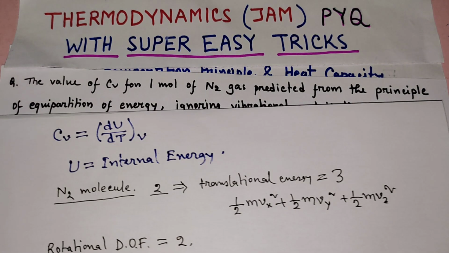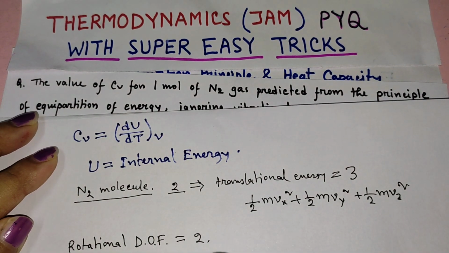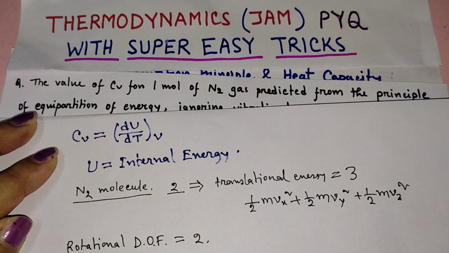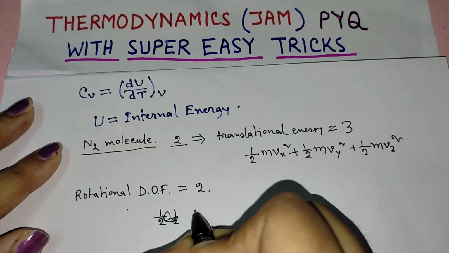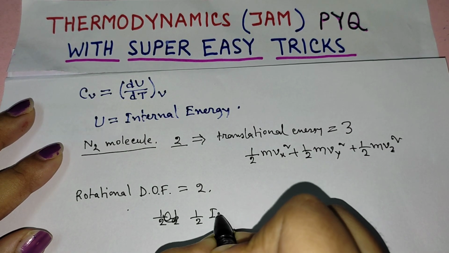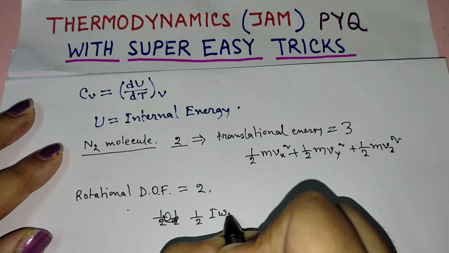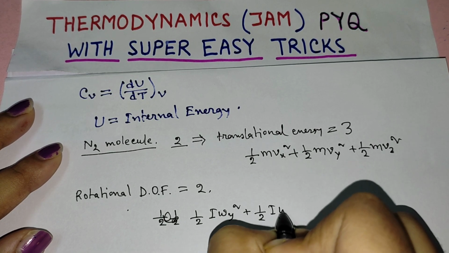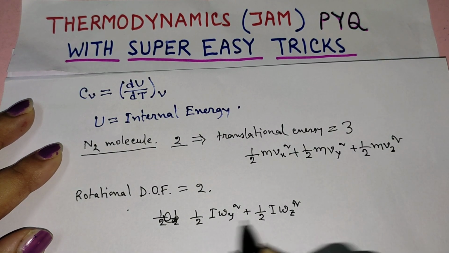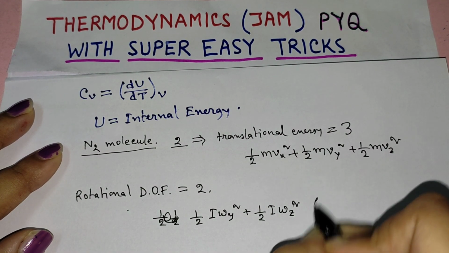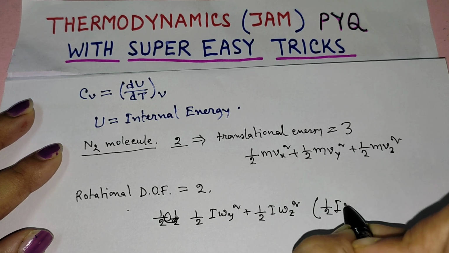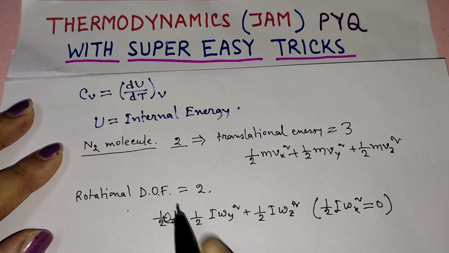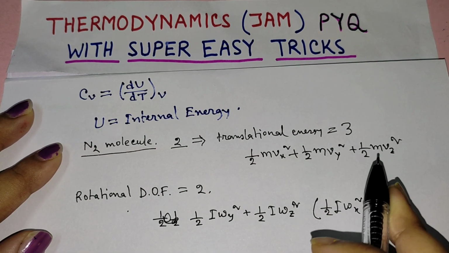So half I omega x square, plus half I omega y square, plus half I omega z square. Half I omega x square is equal to 0 for linear molecules.